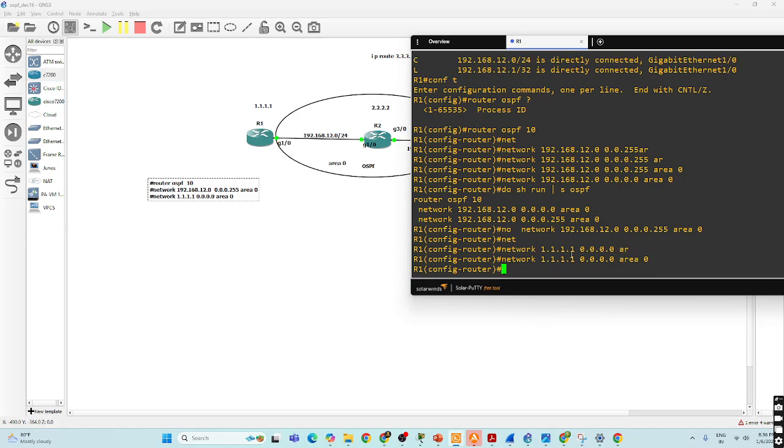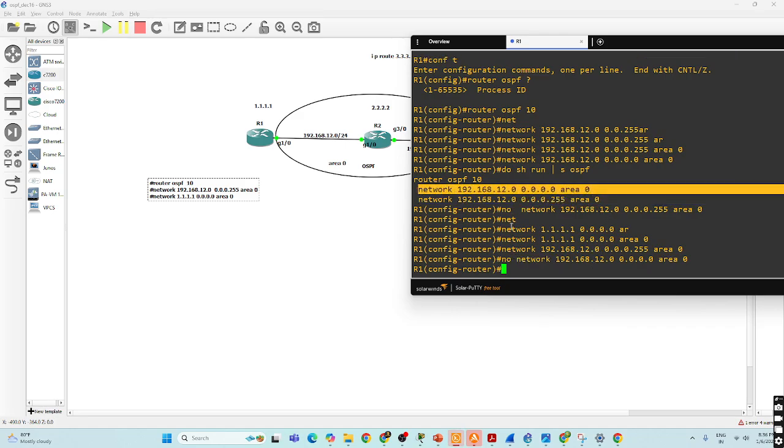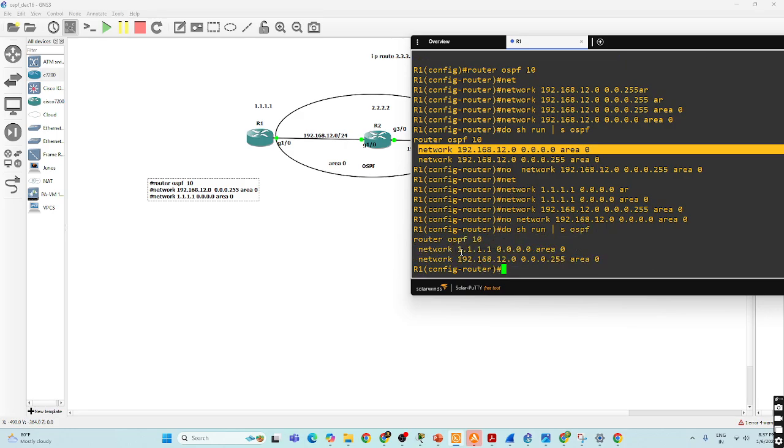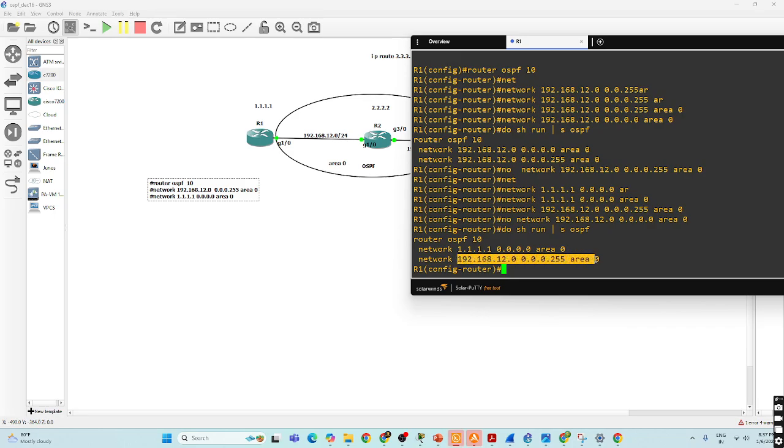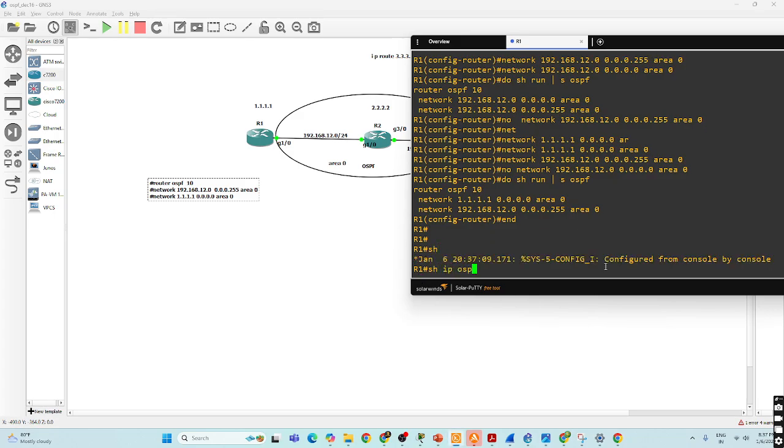Let me remove the wrong one and configure it again. Let me check with show run section OSPF. See, now I have advertised the 1.1.1.1 network, and after that the 12.0 network in OSPF. Now see show IP OSPF neighbor.